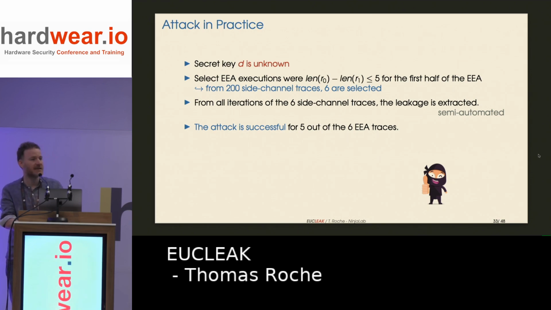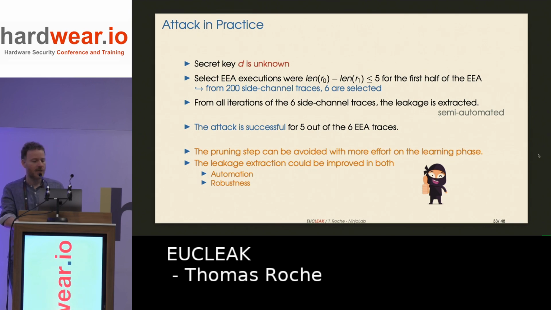It's not something that is so easy to do, and I did it almost by hand, so I made errors there. I think this process should be automatized and could be much more robust, and errors could be avoided. But this is not our purpose here. The purpose is to do a proof of concept of the attack.